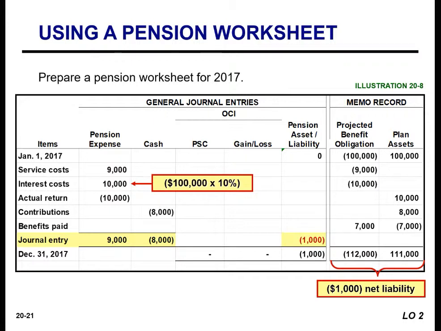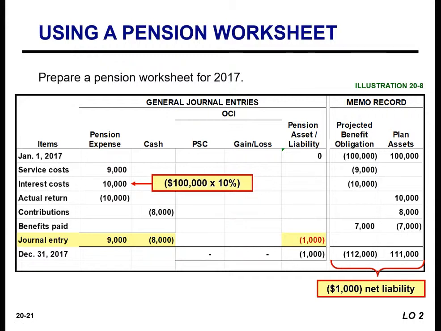So on January 1st, 2017, we had plan assets of a positive $100,000. We had a projected benefit obligation of $100,000, meaning that we had a liability of $100,000. That means that there is zero pension asset/liability.